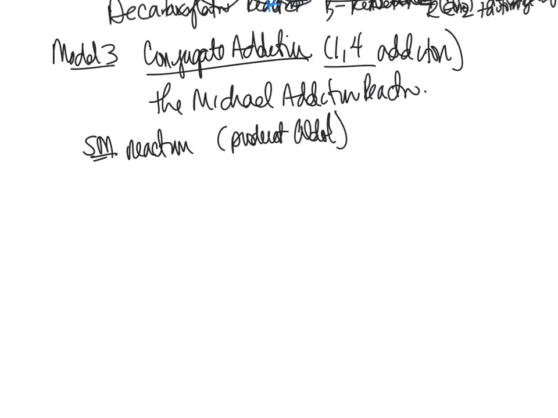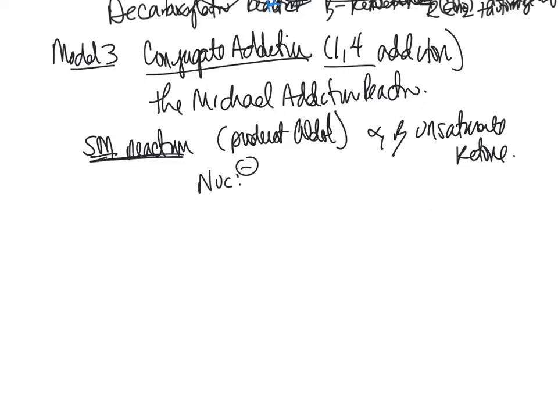So what's the product of your aldol reaction? Alpha, beta unsaturated ketone. Okay, so on your reaction sheet, the starting material is an alpha, beta unsaturated ketone. And then you're going to add a nucleophile. So this alpha, beta unsaturated ketone is the electrophile.